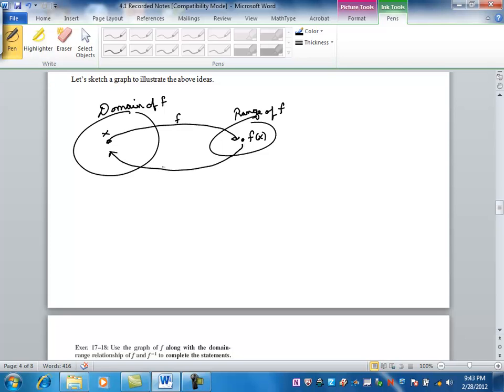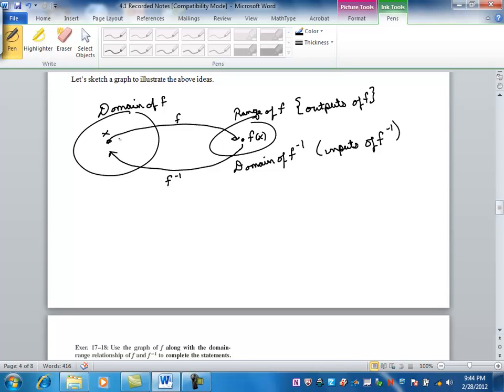This is my inverse, f inverse. The range of the function is the domain of the inverse. Or think about this another way. This circle over here not only is the range of f, but it's the outputs of f. While it serves as the outputs of f, it serves as the inputs of f inverse.